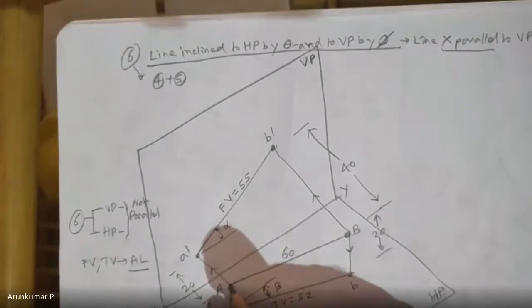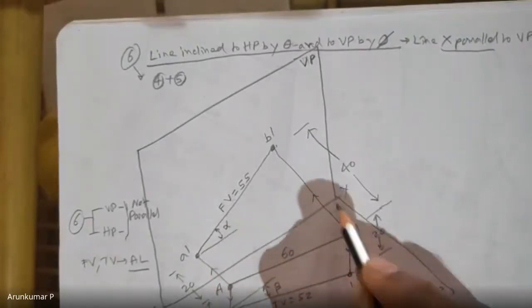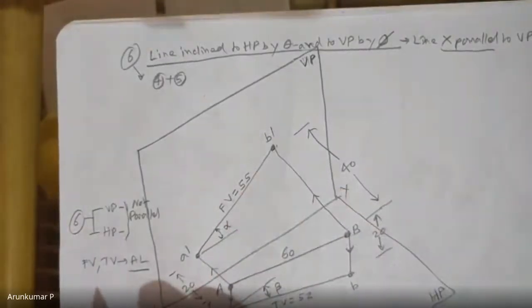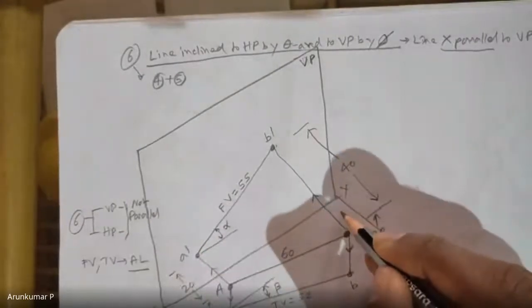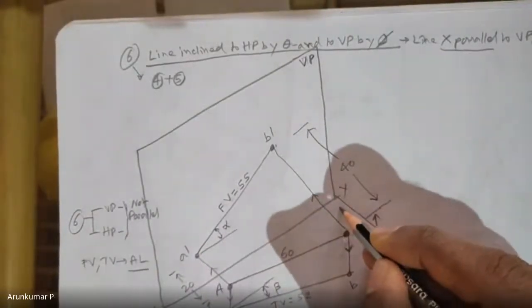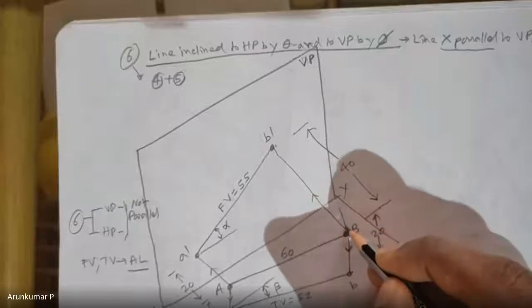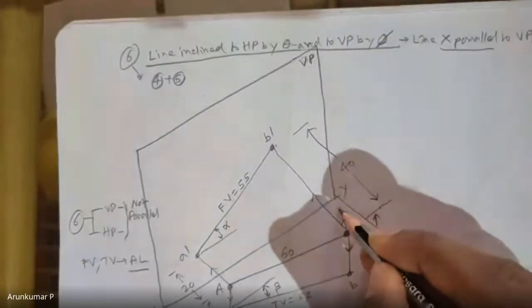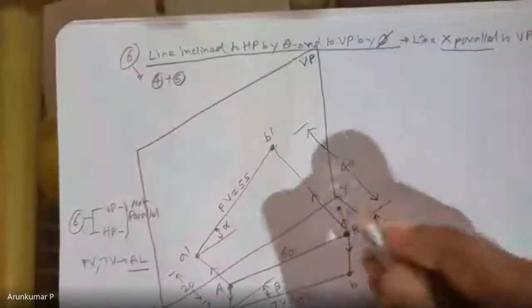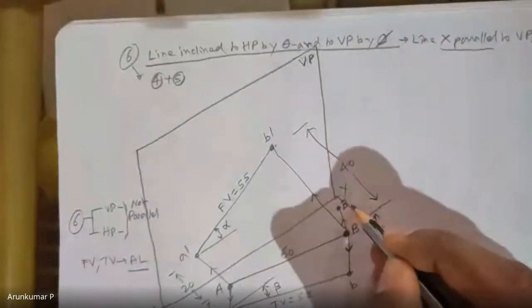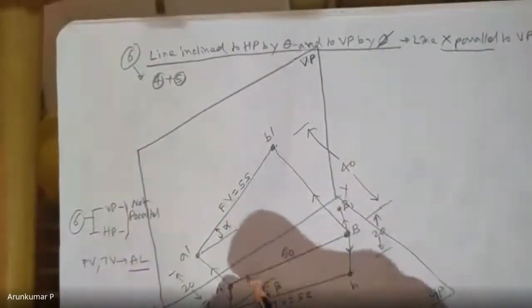If I want to make the line AB parallel to VP, okay, what I should do? Just observe. I should rotate. This is the new position, AB1.